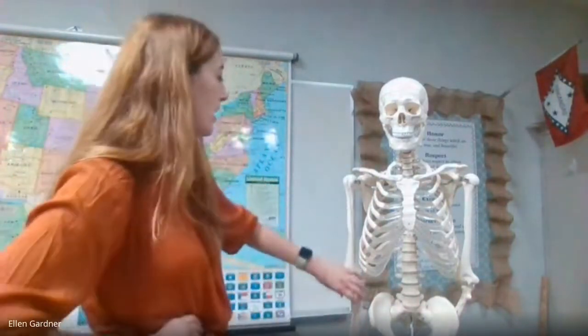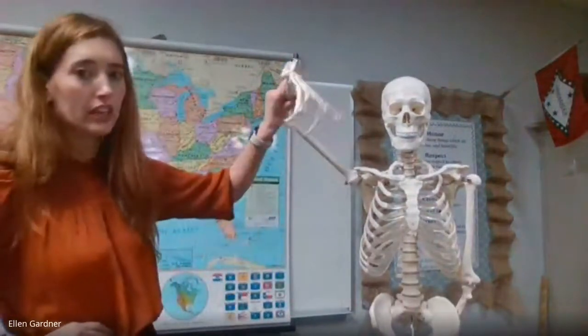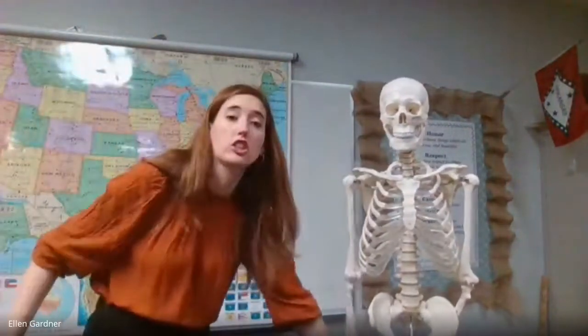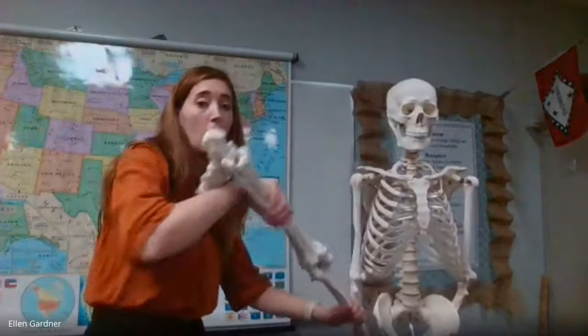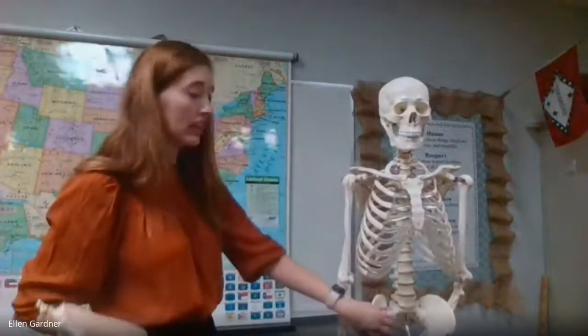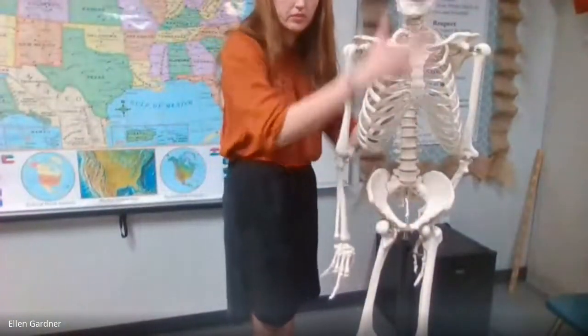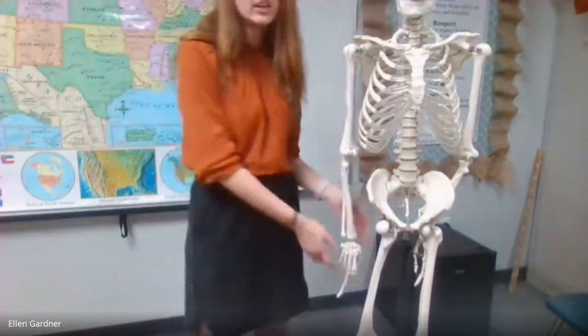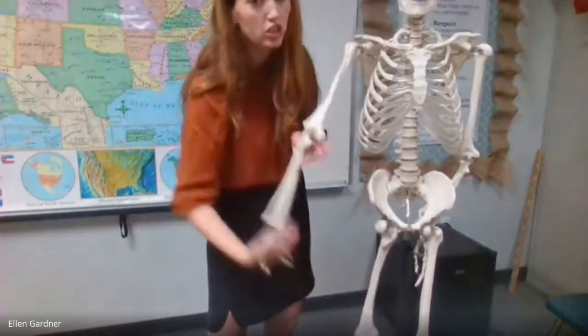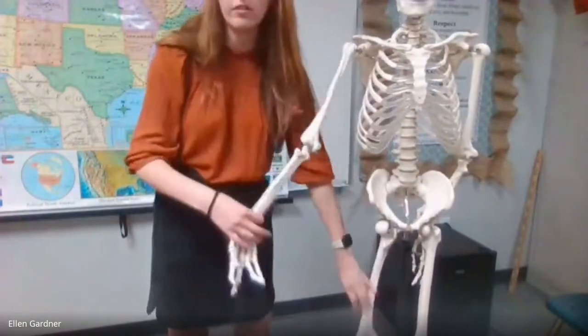The appendicular skeleton, can you say appendicular? It's connected to that word appendix that we learned. So the appendicular skeleton is all of your appendages, like your legs and your arms, the extra things that come off of the main part of the body. So here's the main part of your body, the torso and the head, and then your appendages are your arms and legs that come off of it.